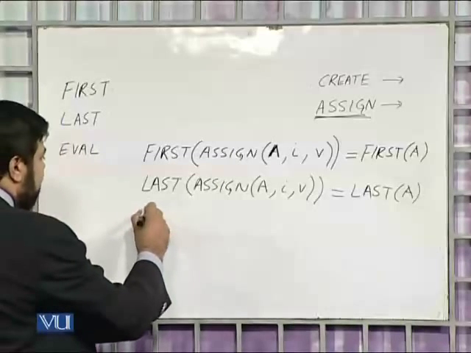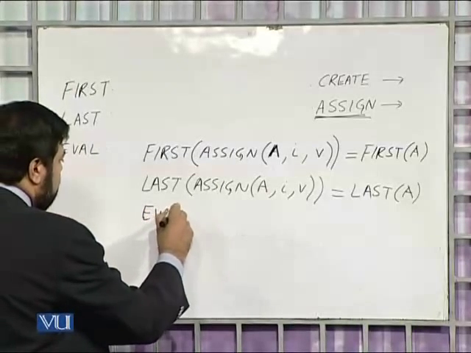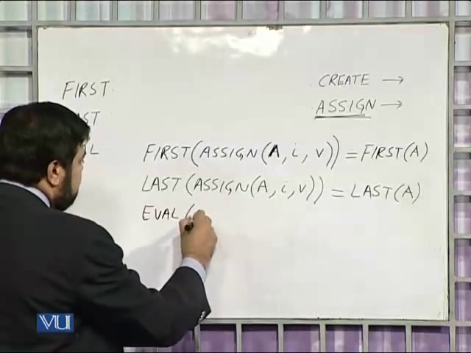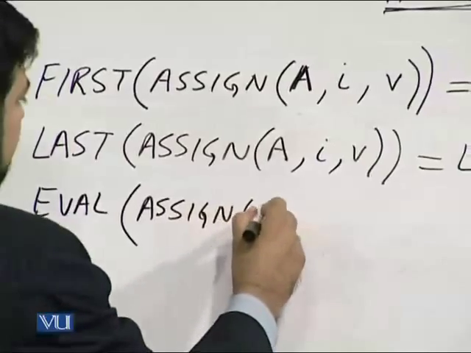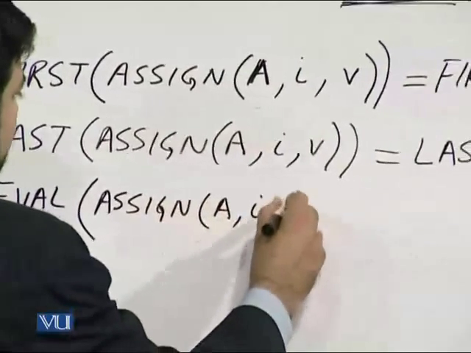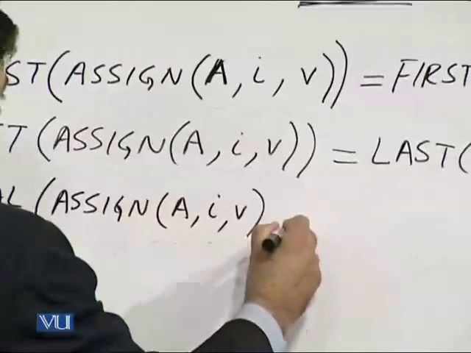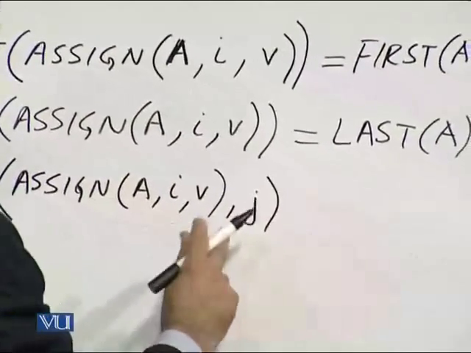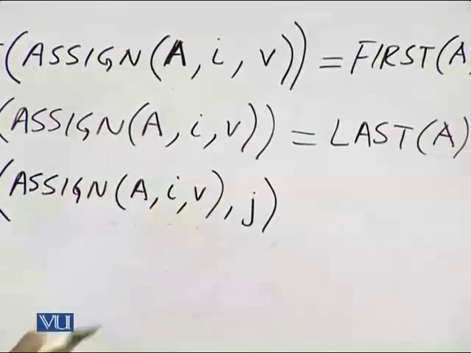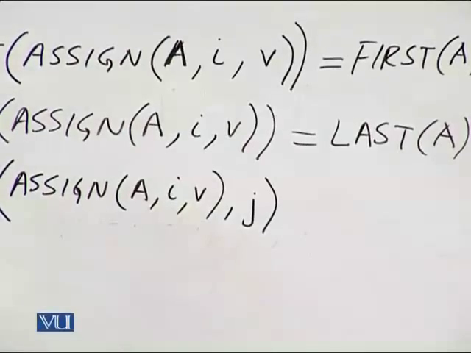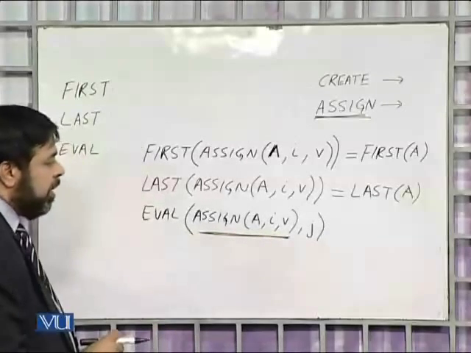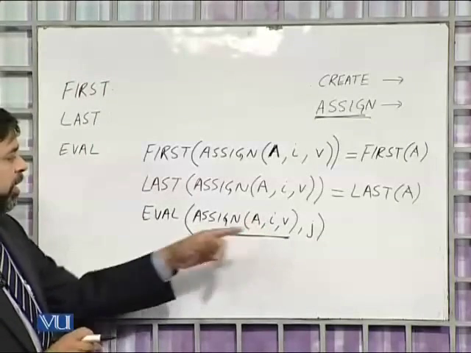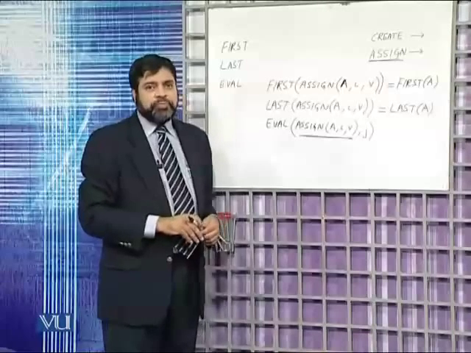So we have eval, we have assign a, i, v, and we say, okay, give me the value at index number j after I have assigned a value at index number i.